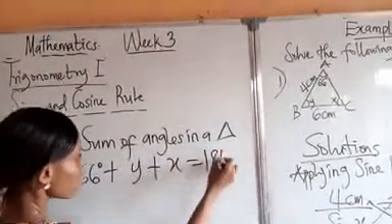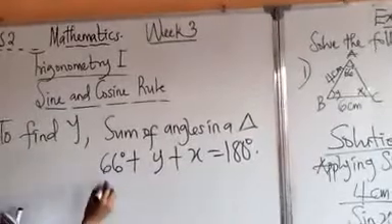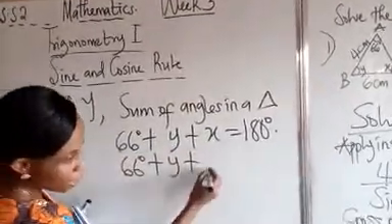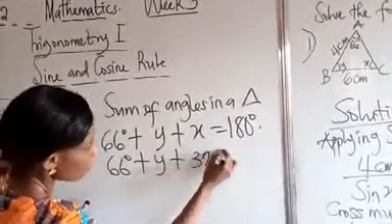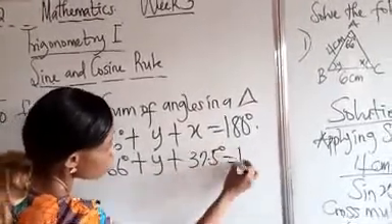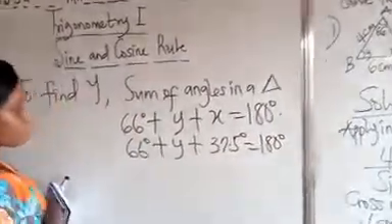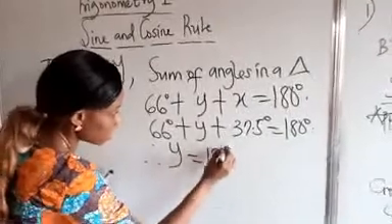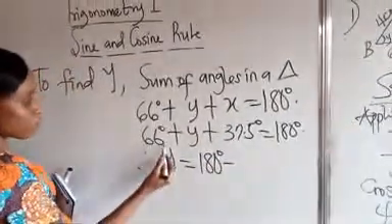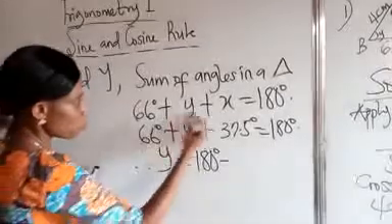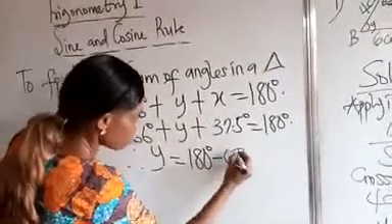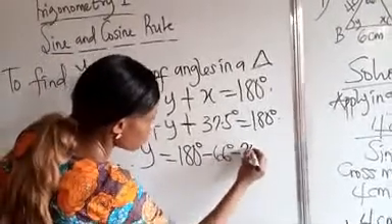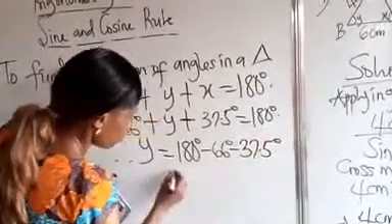It is equal to 180 degrees. 66 degrees plus y, which we don't know, plus x, which is 37.5 degrees from our solution, equals 180 degrees. Therefore, y is equal to 180 degrees, collecting like terms: 66 positive moves over, becomes negative, 37.5 positive will become negative 37.5 degrees.